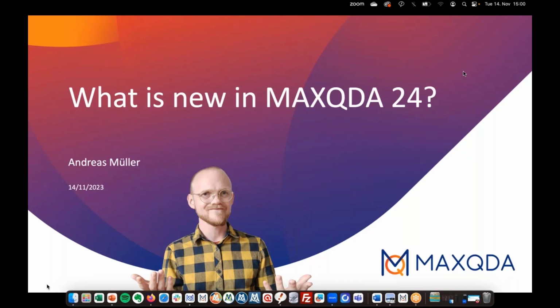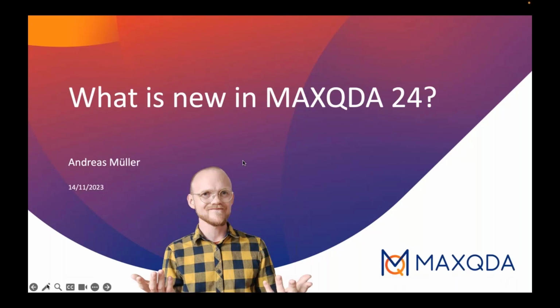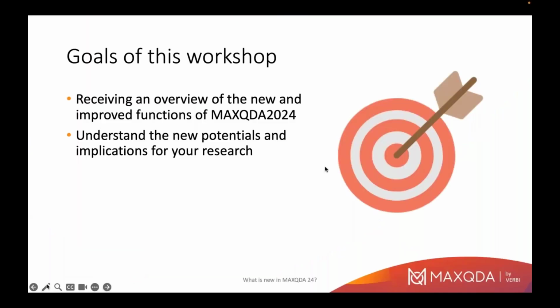Okay, with that little teaser, it's exactly 3 o'clock, at least in Germany. So let's start. We have quite a bit to look at. First of all, what are the goals of this workshop? I always love to be clear about that. Number one goal is, of course, you all want to see an overview of what's new. What are the new and improved functions of MAXQDA 2024?